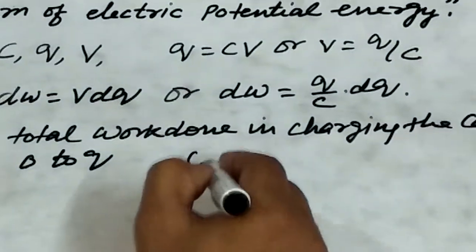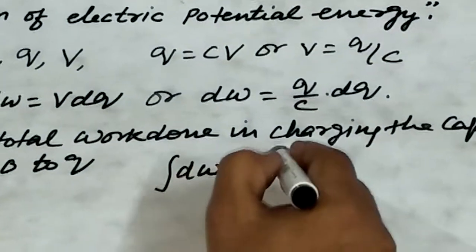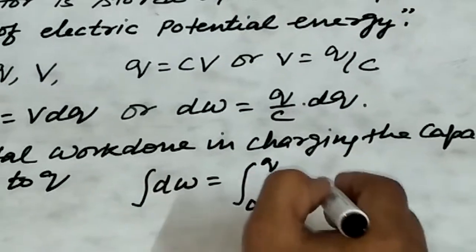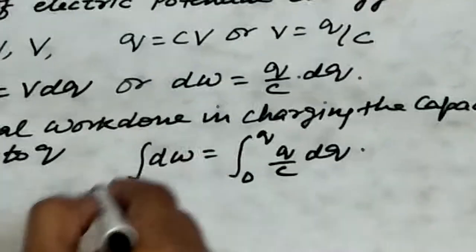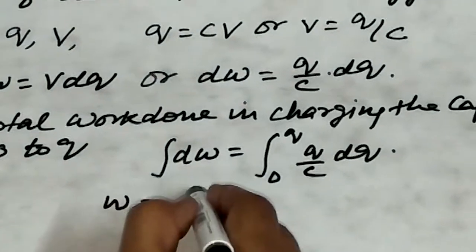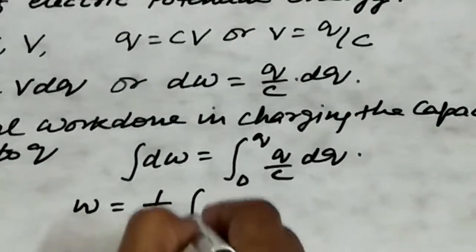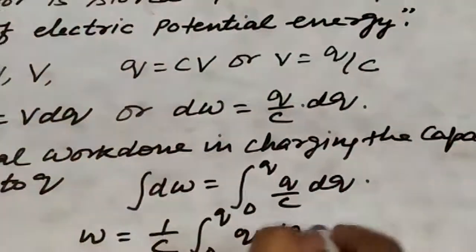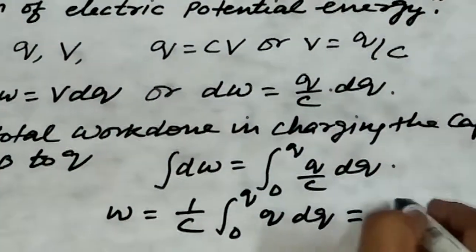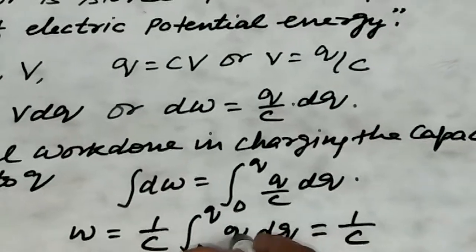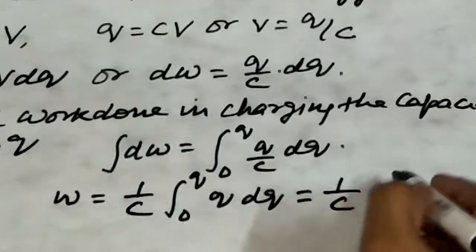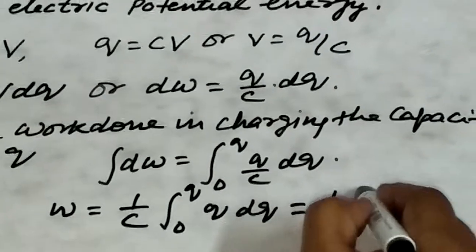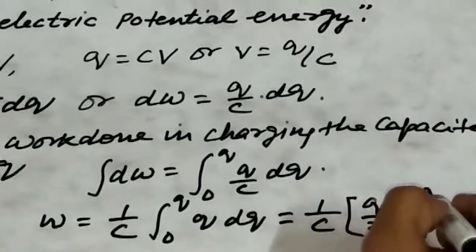By integrating, dW is equal to the integral between 0 and Q of Q upon C into dq. So the integration of dW is W, and here we have 1 upon C times the integral from 0 to Q of Q dq. As you know, the integration of Q dq is Q square by 2, and its limit is 0 to Q.